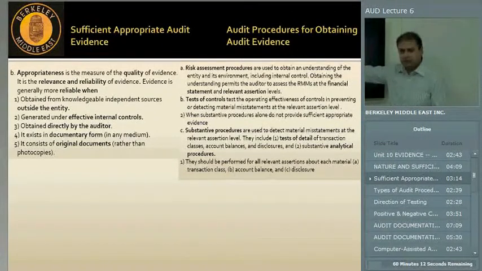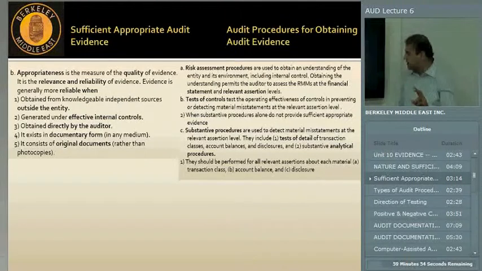So these two things we are very much familiar with. Substantive procedures are used to detect material misstatement at the relevant assertion levels. It can be at an account level, or it can be overall financial statements.